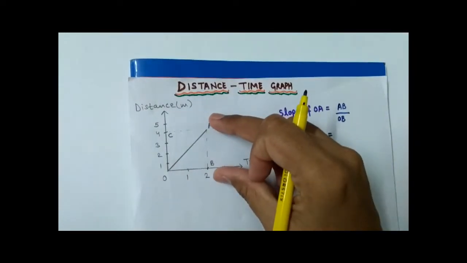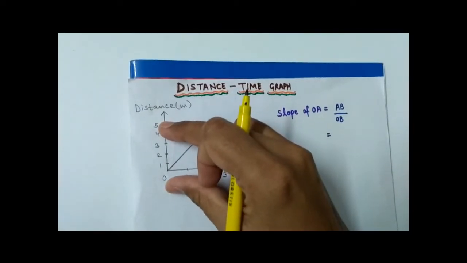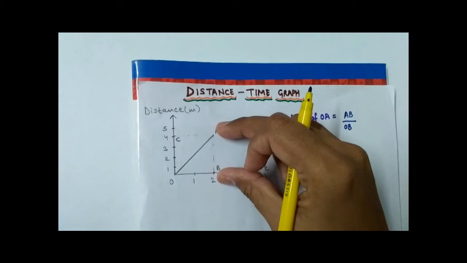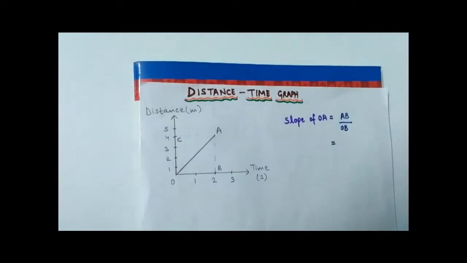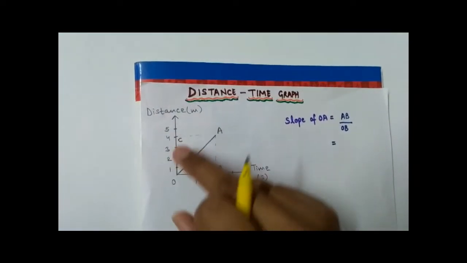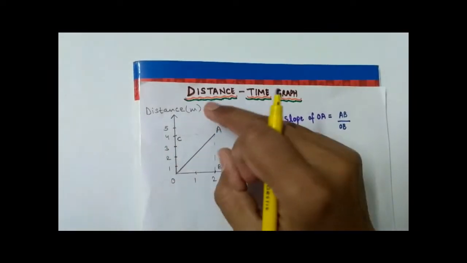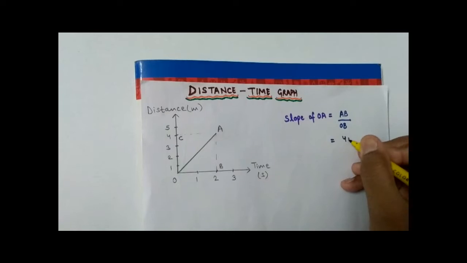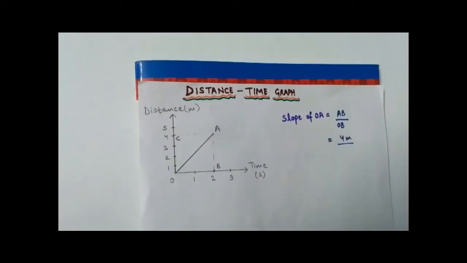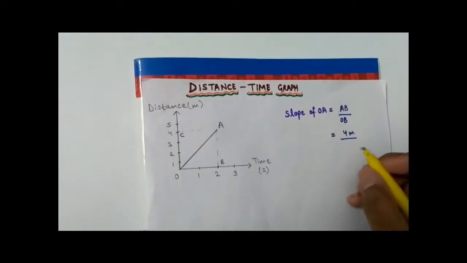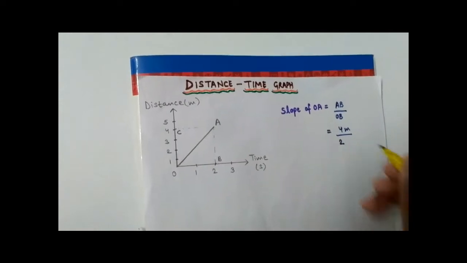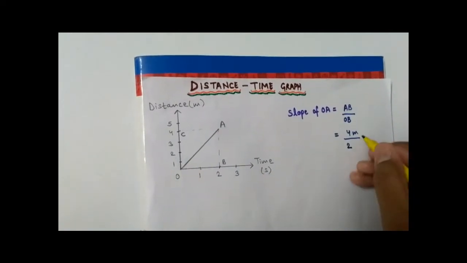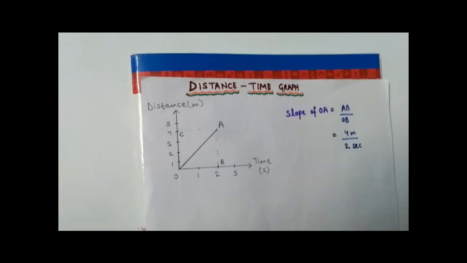Since we know that AB is parallel to this OC line also, AB length will be equal to the length of this OC. So OC is how much? 4 meter. Okay, so 4 meter upon OB. OB is of 2 seconds, isn't it? 2 seconds.